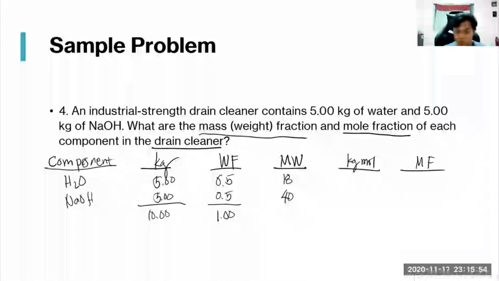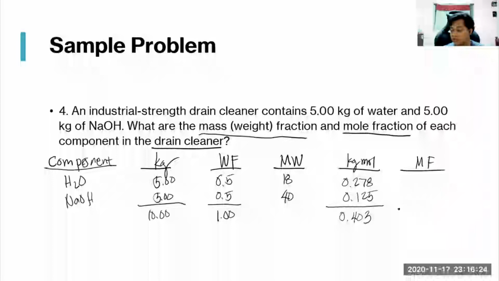To get this, we divide our weight by our molecular weight. So it's 5 divided by 18, which gives 0.278. And then 5 divided by 40 is 0.125.